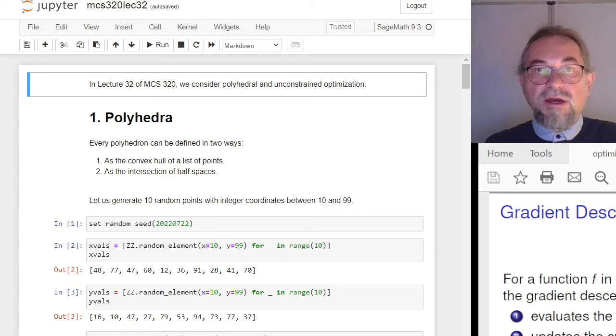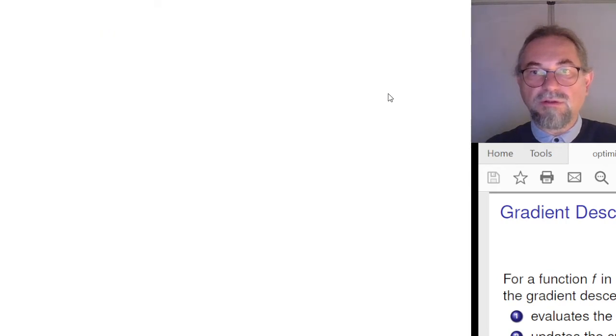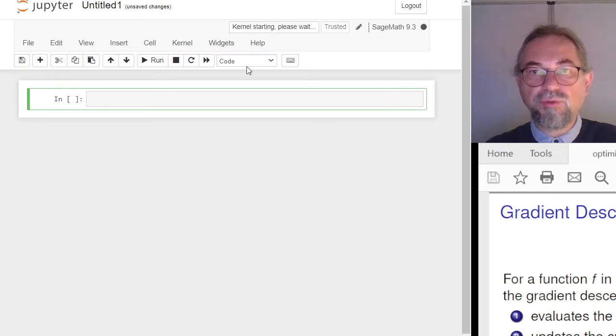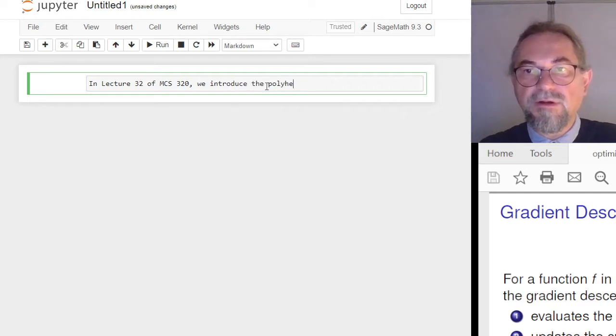To make this a little bit dynamic, I will make a new notebook to illustrate step by step the methods that we are seeing.